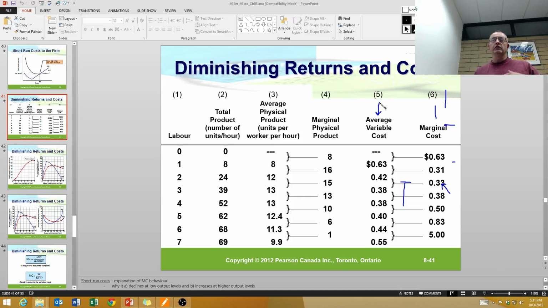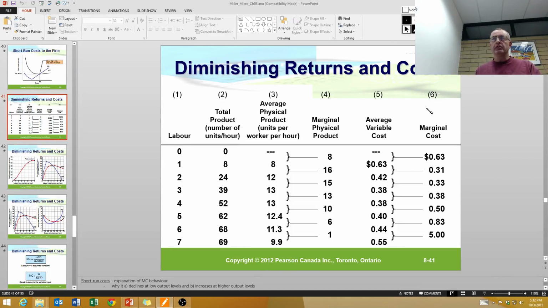So instead of using total variable cost divided by total output, there's another formula. And when we use this second formula for calculating the marginal cost and the average variable cost, and then we plot the data, we can easily see that these curves are U-shaped. So what is this second formula?